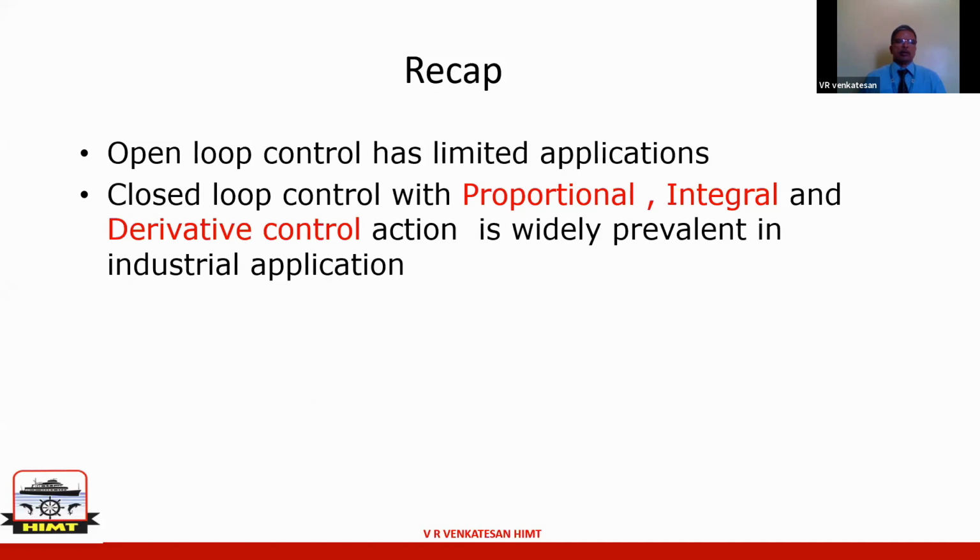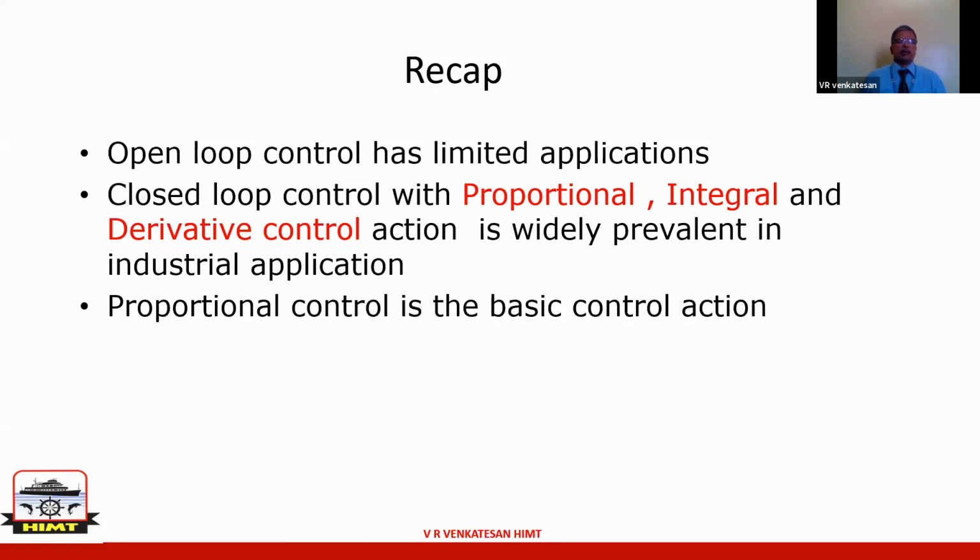You see an example like a pump running or a transfer pump running. Either the transfer pump runs or it doesn't run at all. There is no in-between position. So on-off control has got its own limitation. Closed loop control with on-off has got its own limitations. That is why we have proportional, integral and derivative control.